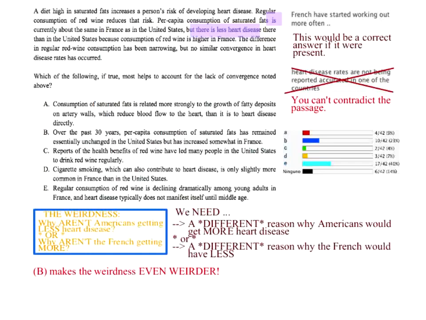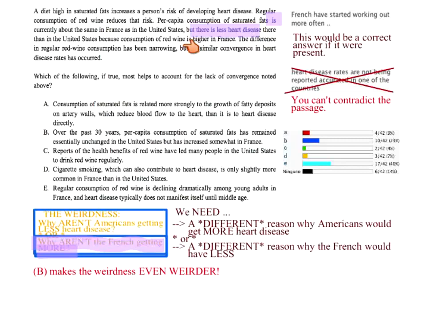But B is the wrong way, whereas what E does is it explains why the French are not getting more heart disease. Or, why they might have even less of it, because the decline in wine consumption is not happening among people who would get heart disease in the first place.